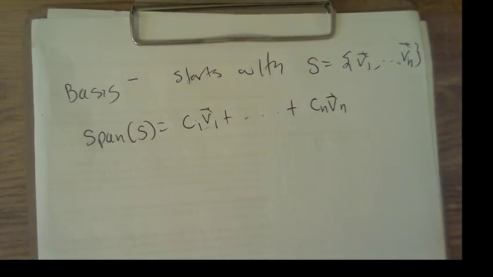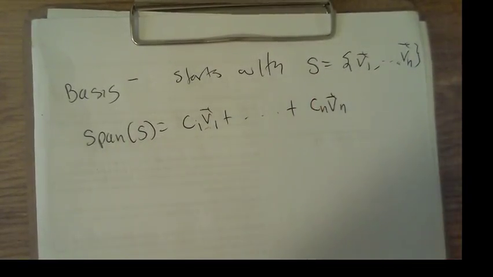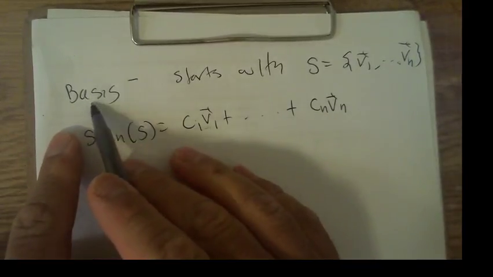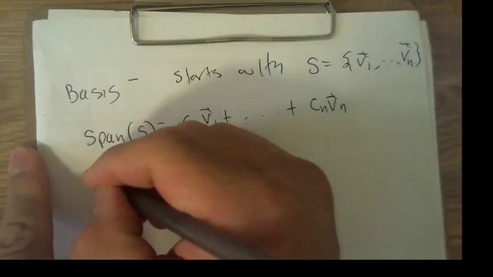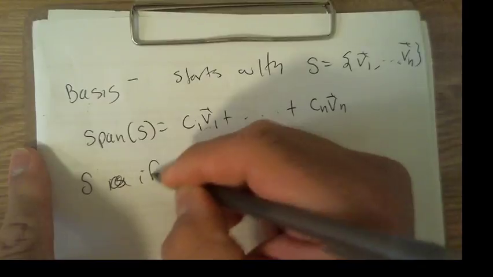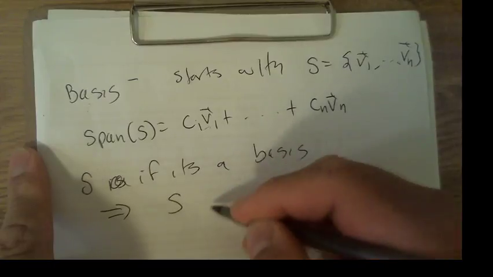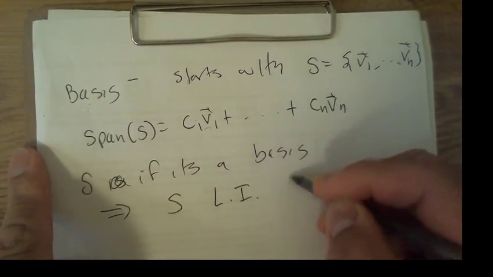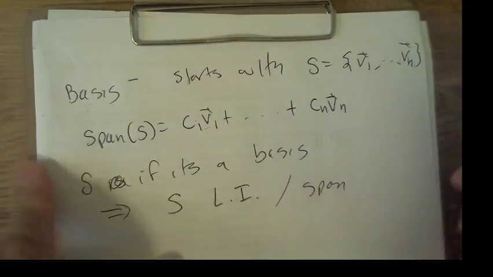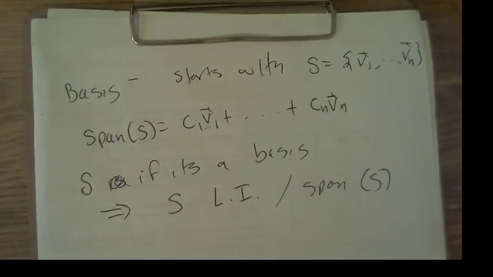So this is the span of S, and this is the set S. Right? When we refer to a basis, we are referring to the set here. We say the set S, in order to be a basis, has to be linearly independent, and it also has to span, in this case, span S. All right.